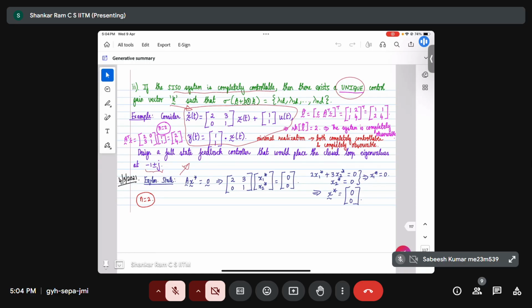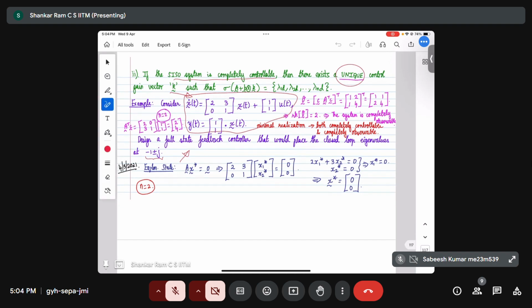Okay, so that is the problem statement. So let's get started. So the flow of the problem is the same, right? So the solution is the same, right?